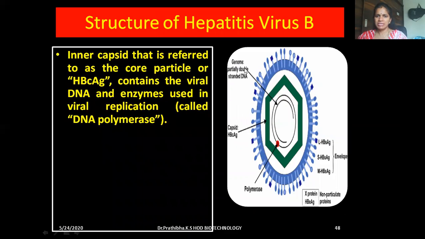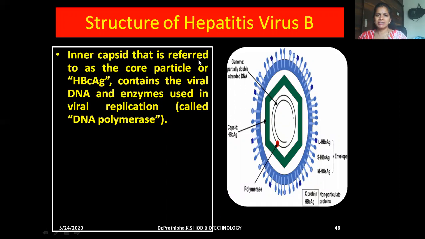Here again you can see the genome, partially double-stranded DNA, then the capsid HBc antigen and polymerase. Then you can also see L HBs antigen, S HBs antigen, and M HBs antigen, which are present in the envelope.